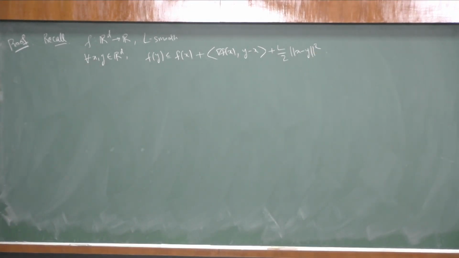So this is the L-smoothness. We have just copied it, and the update rule of gradient descent we know.